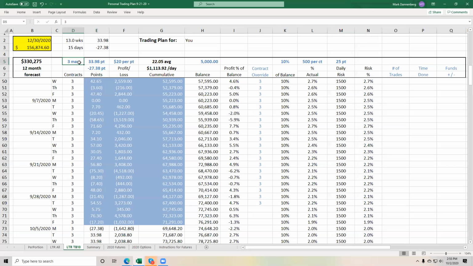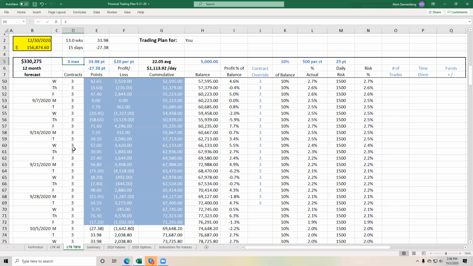Now, one last thing about the personal trading plan. This number right here, we have it maxed out at 3 contracts. That is 100% at your discretion. As I said, there is a factor already built into the trading plan that says we're not going to assign margin beyond 10% of the balance of the account, which I think is already very conservative.